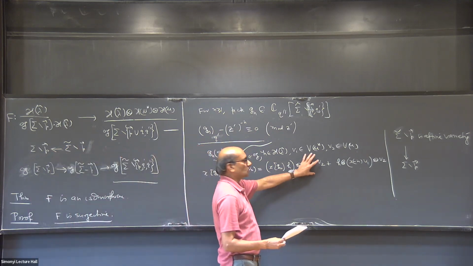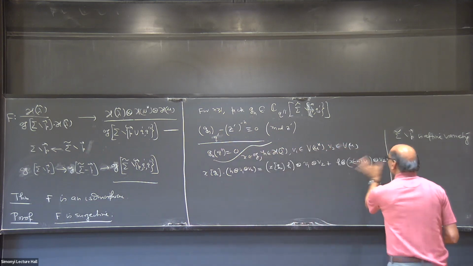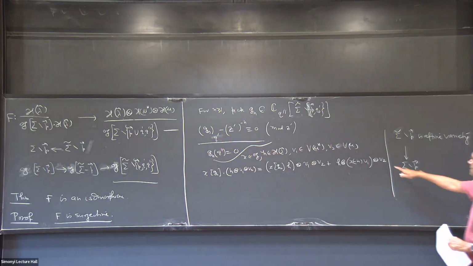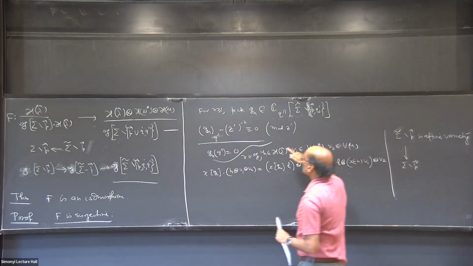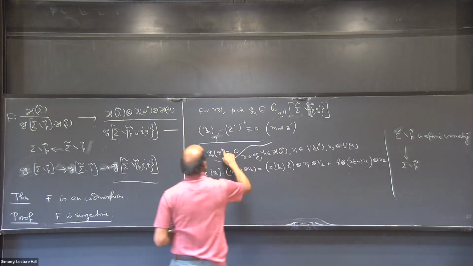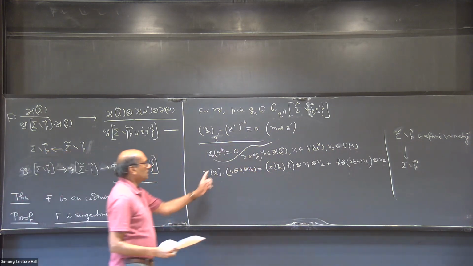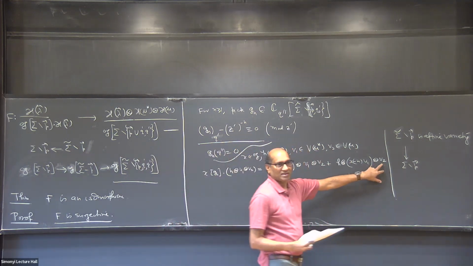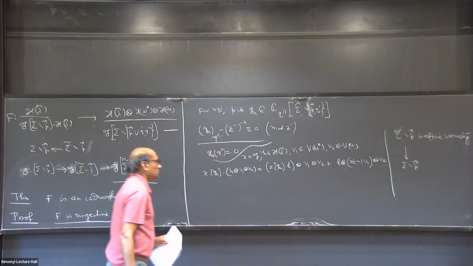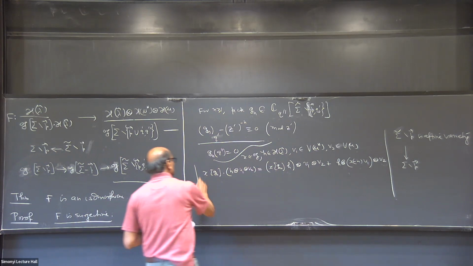There is no contribution. So only contribution will come from here, and there will be no contribution from the other because the function has no pole at q double prime and it vanishes at q double prime. So X of g_n will kill this vector.